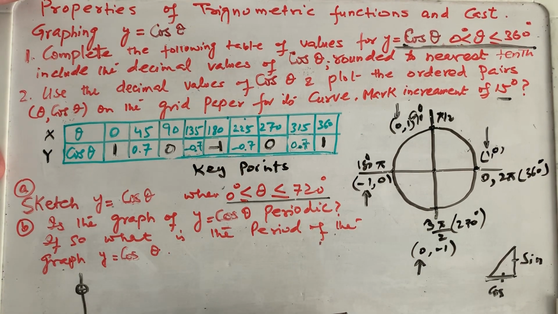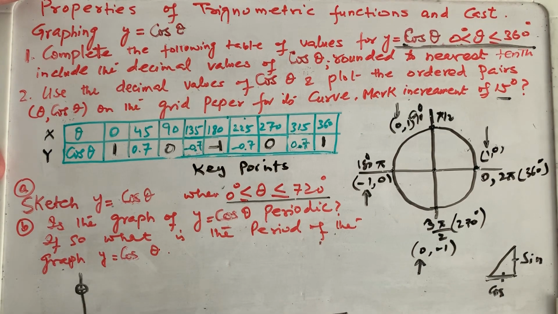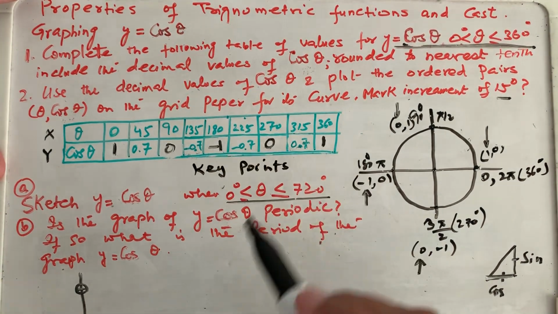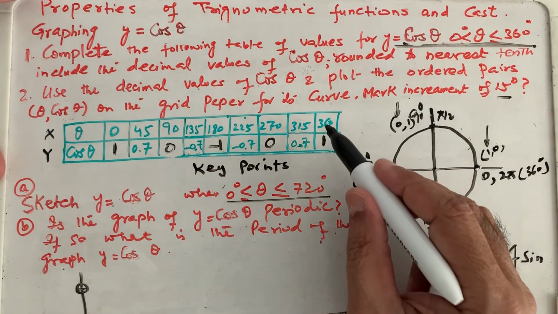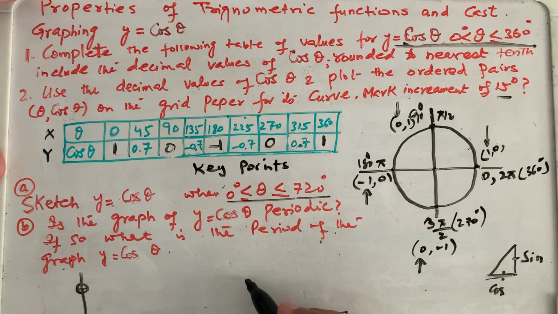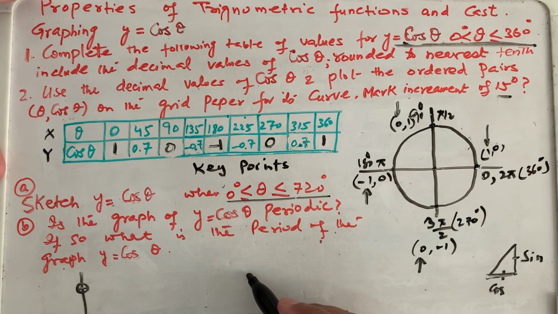And at 270, I can mark it here like 0, 90, 180, 270, and 360. At 180, what is my reading? Minus 1. At 270, what is my reading? 0. At 360, what is my reading? 1. So this is like this, right?